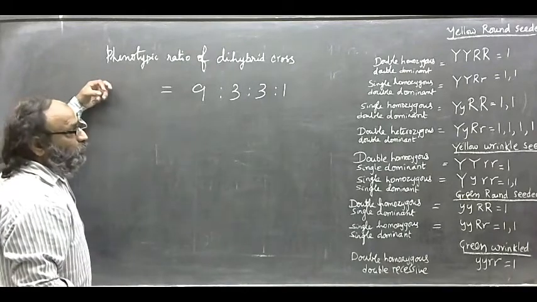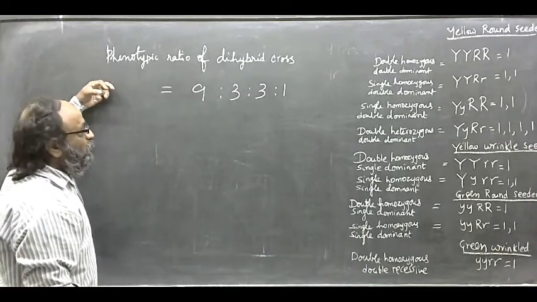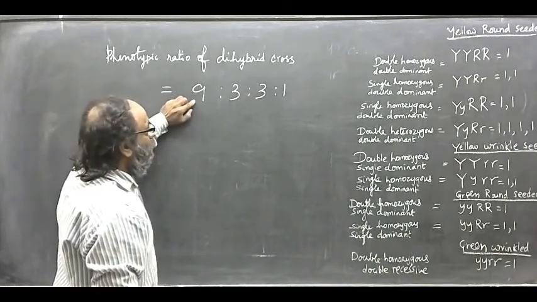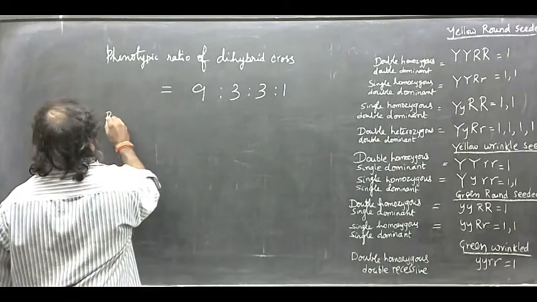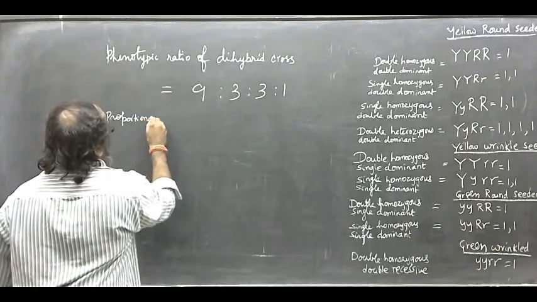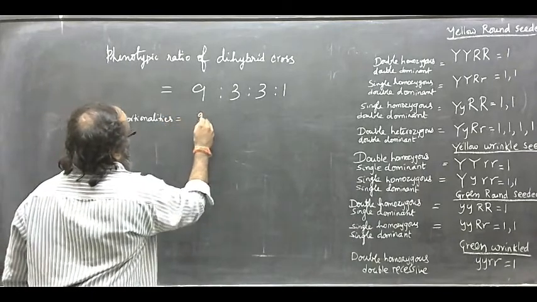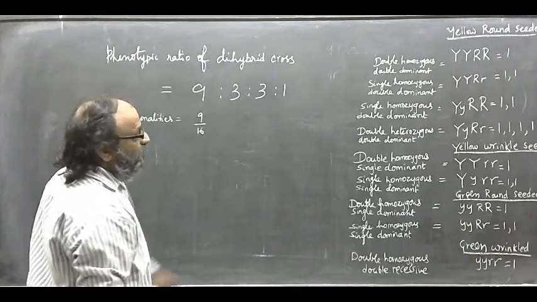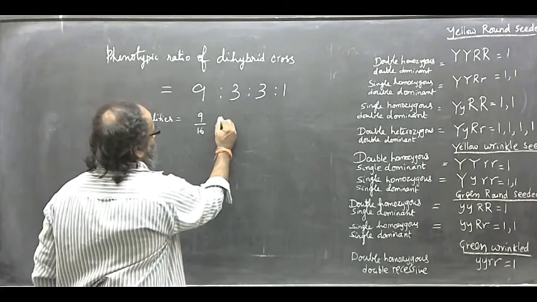If we think in terms of proportionality, the yellow round seeded plants are 9 out of 16, therefore it is 9 by 16. And yellow wrinkled seeded plants are 3 out of 16.